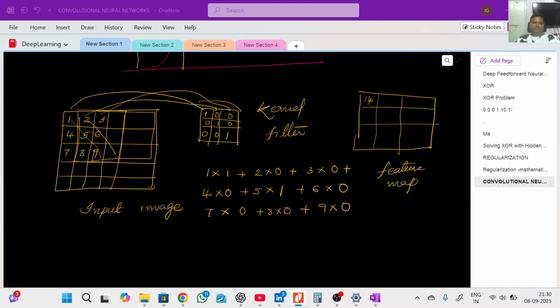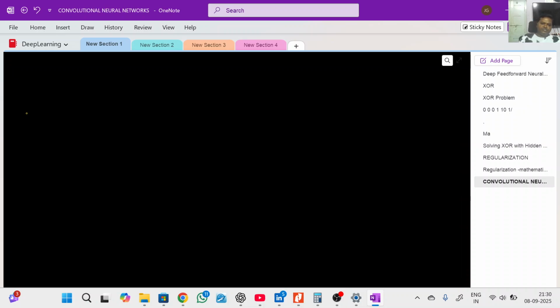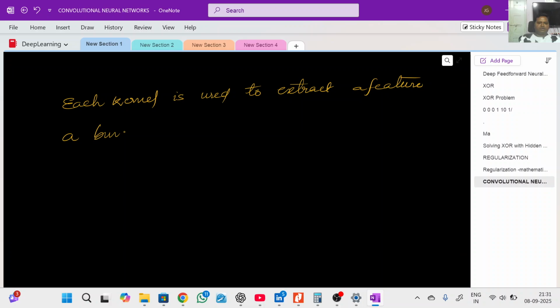So CNN, what it will do is it will learn these filters. That means each filter or each kernel, there are series of kernels that will be used. Each kernel is used to extract a feature. So you will be using a bundle or a series of kernels for all the features.